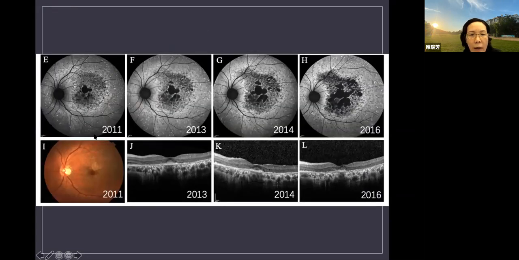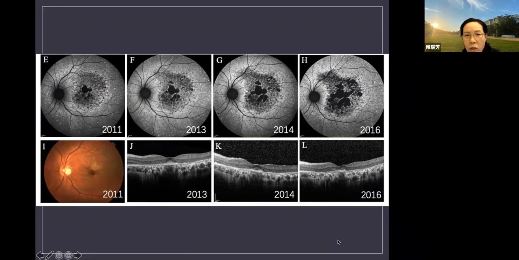I show you a patient we followed for 5 years. We can see the retinal involvement is spreading, and the central atrophy also spreads.